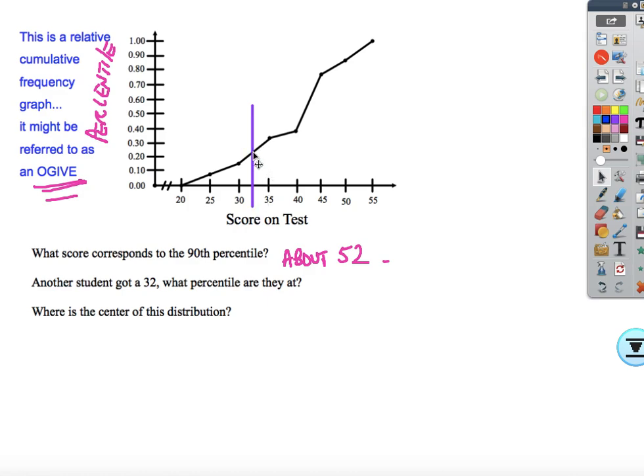If I look at that point and then I go across this way, that'll tell me about what percentile I was at. So to me, it looks like pretty close to the 20th percentile, but maybe a little bit higher than that. So I'm going to say like the 22nd percentile. I'm just eyeballing it.